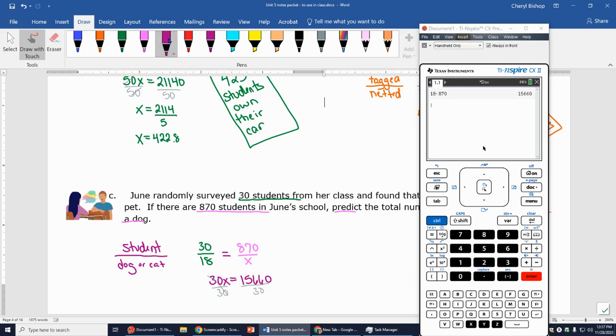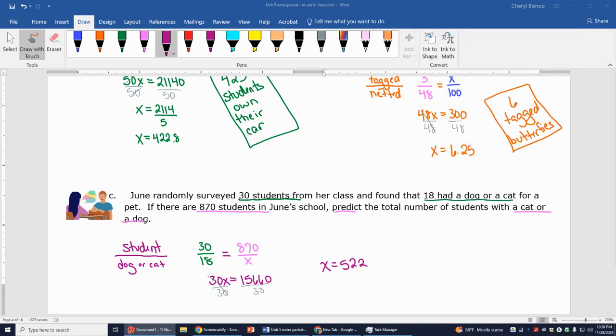And that's going to give me x equals, let's see, 15,660 divided by, notice when I just hit divide rather than type that whole number in, it says take the last answer, that's that little A and S, and all I did was hit the divide key. And I'm going to divide that by 30. And it's not even a decimal, it's not even a fraction, it is 522. So I'm going to predict that 522 students have a cat or a dog.